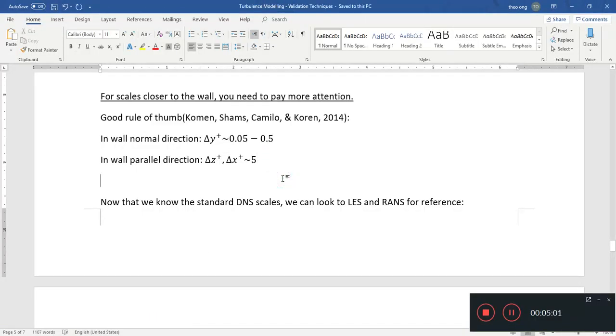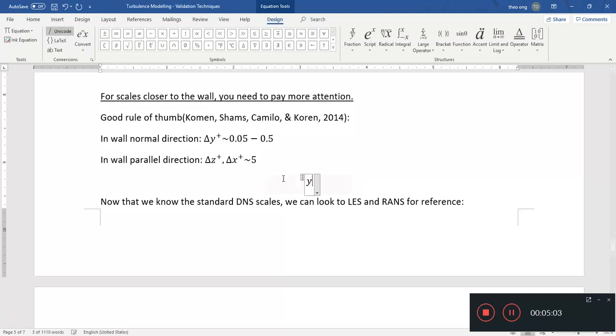These are in dimensionless units. Remember, y plus equals y times the friction velocity divided by nu.